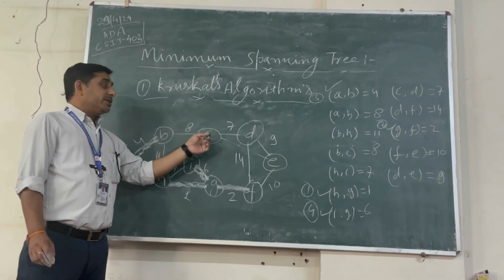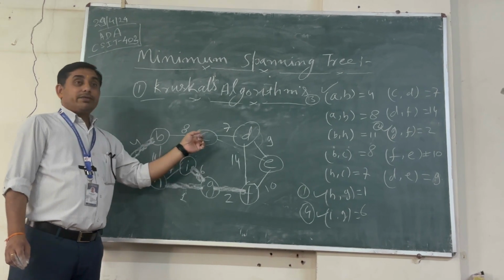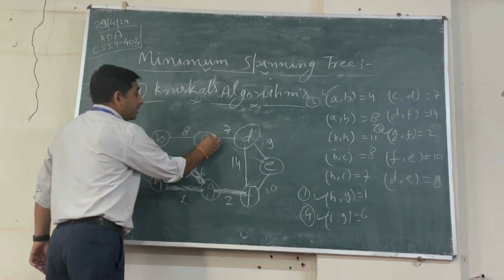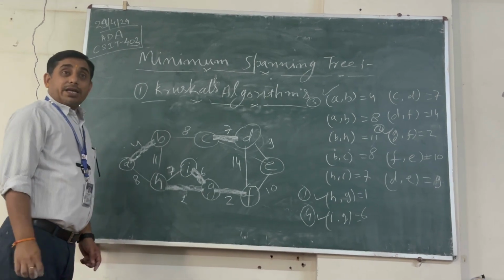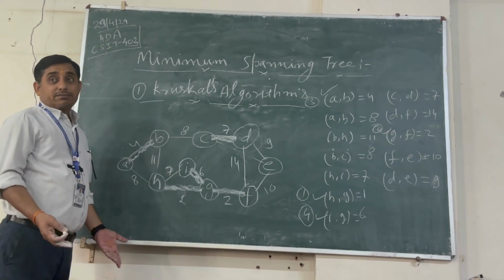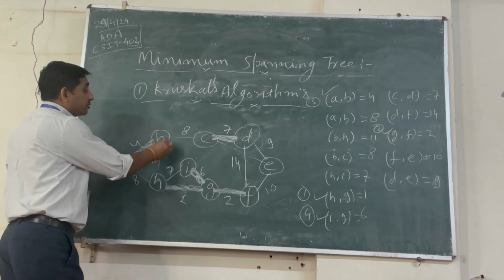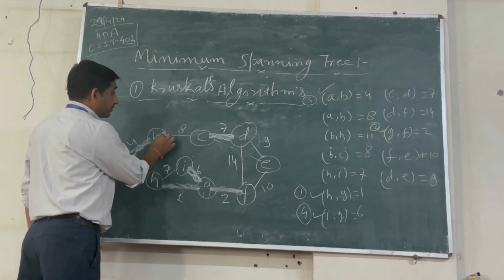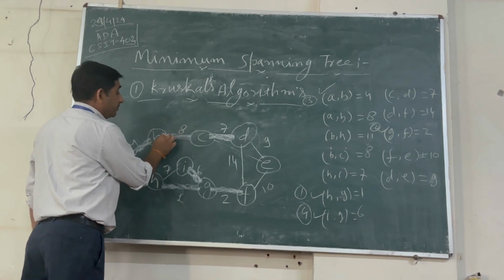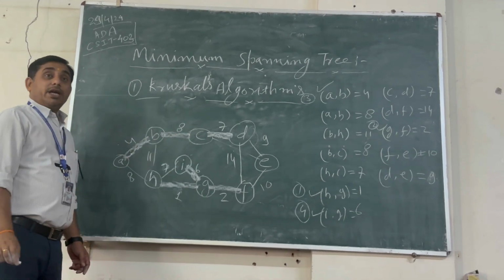But in this case the closed loop is not possible, so we will select C to D, between C to D. And again we'll find the next minimum edge. So the next minimum edge is 8. Clear? 8.